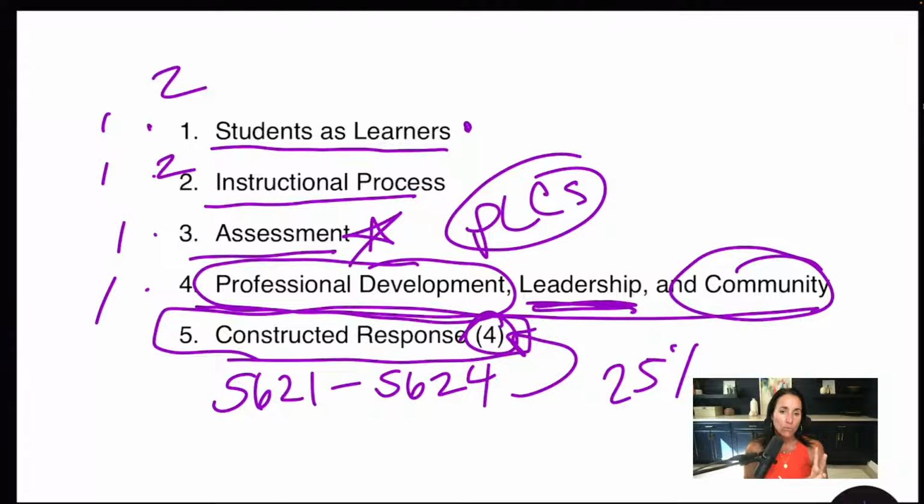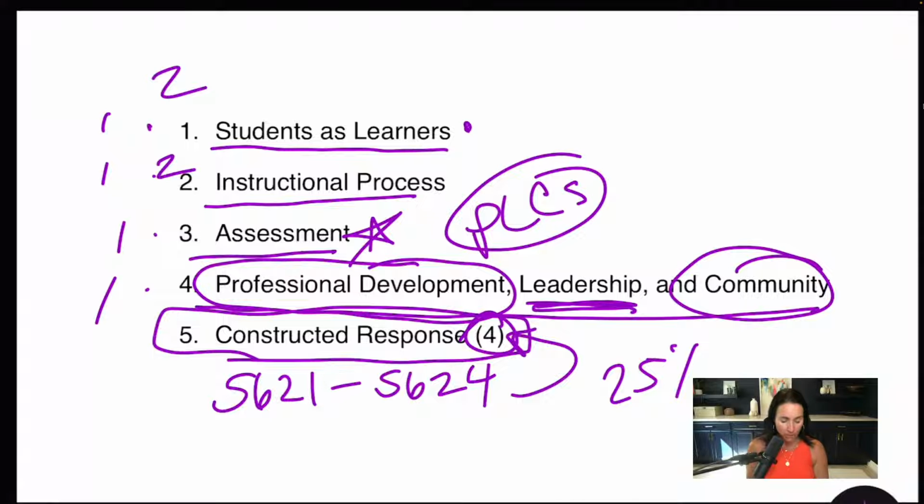Because you get 2 graders on each constructed response, and each of them is giving you a score. So that's why it's out of 16. You're getting 2 scores for question number 1, 2 scores for question number 2, 2 scores for question number 3, and 2 scores for question number 4. That's 16. I talk a little bit more about that when we talk about interpreting your score report. We'll link that up.